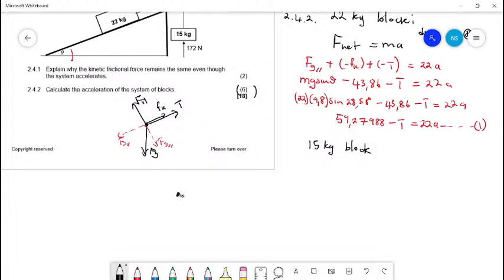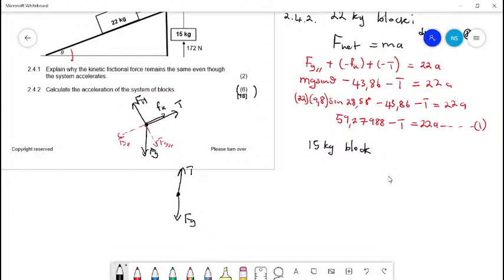Let's try to draw the free body diagram. So the free body diagram will have our tension going up. We also have our Fg going down. And also remember that we have a force of 172 that is being applied in an upward direction, right?